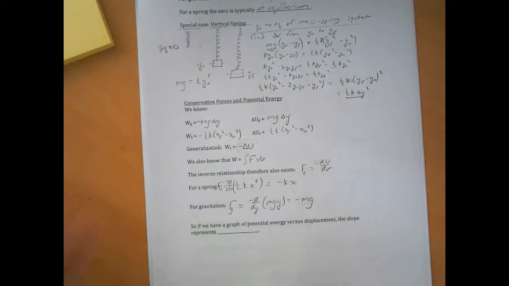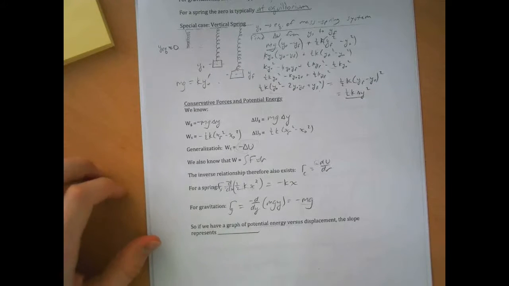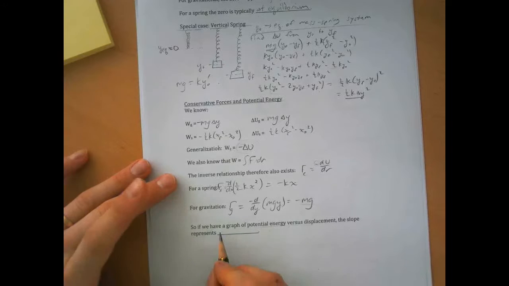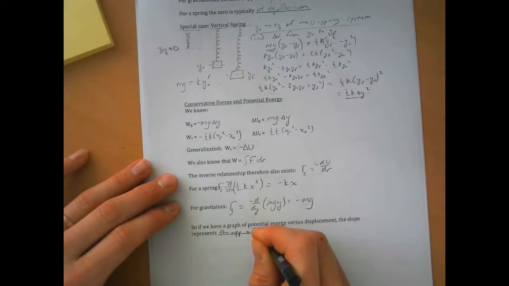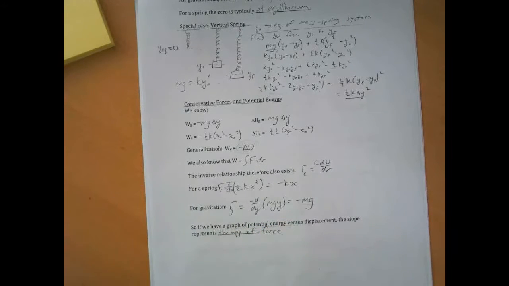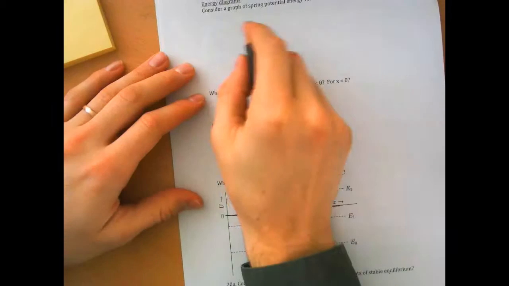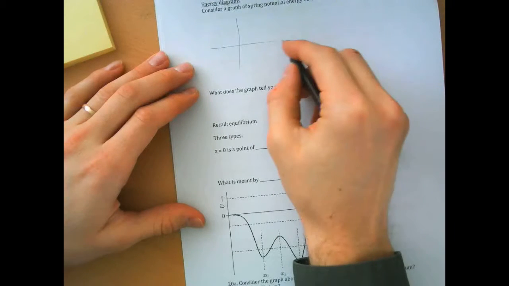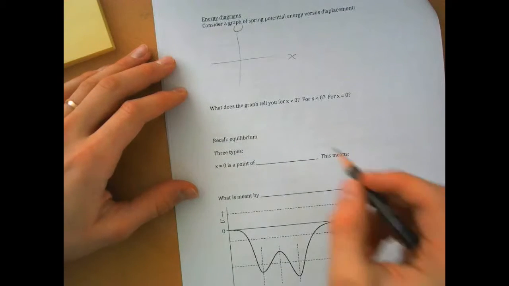So given this derivative relationship, if we have a graph of potential energy versus displacement, what would slope represent? Almost. The opposite of force. So if the slope is positive, the force is negative. Slope is negative, force is positive, etc. Let's try to be tricky. What kind of shape is a graph of spring potential energy versus displacement? It's a parabola, right?